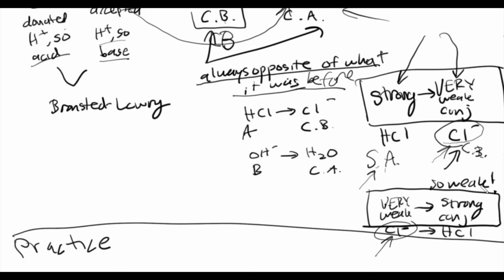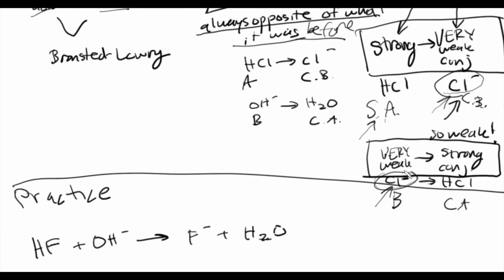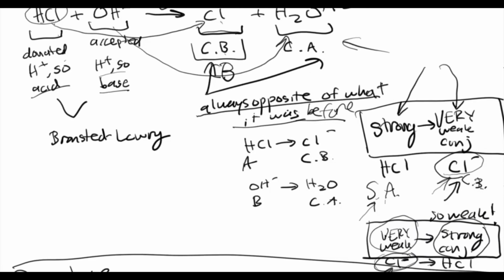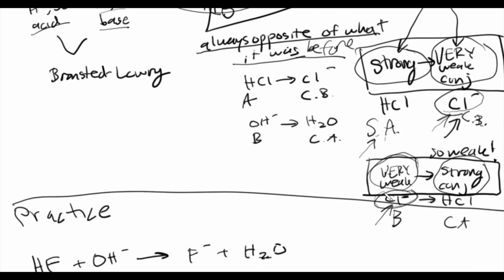But in the case that it does happen, the very weak base will, once you add an H plus to it, form a conjugate acid. But since the base that we started off with was very weak, the conjugate is very strong. So notice the trend. Strong original, the conjugate is super weak. Weak original, or in this case it has to be very weak, it will be a strong conjugate.